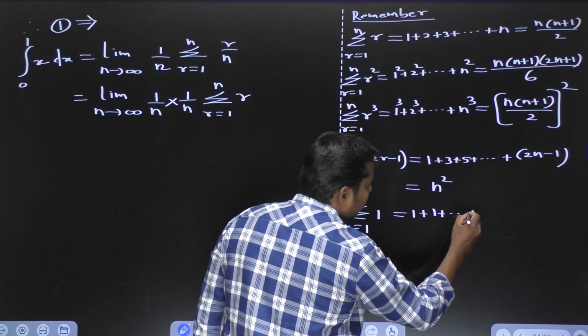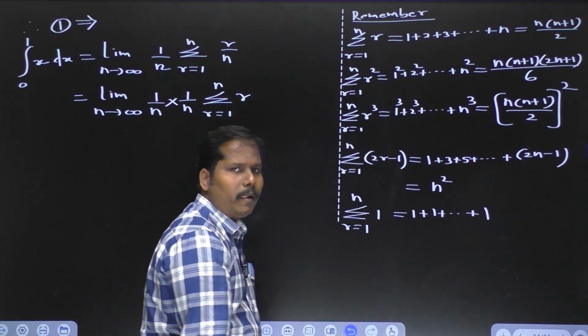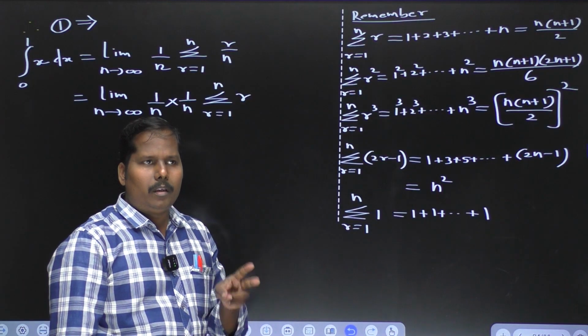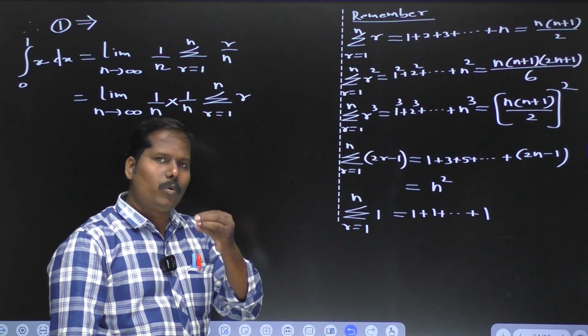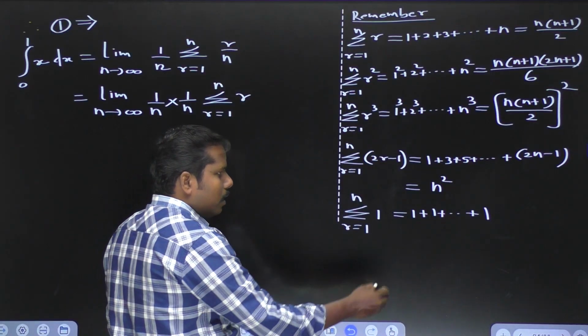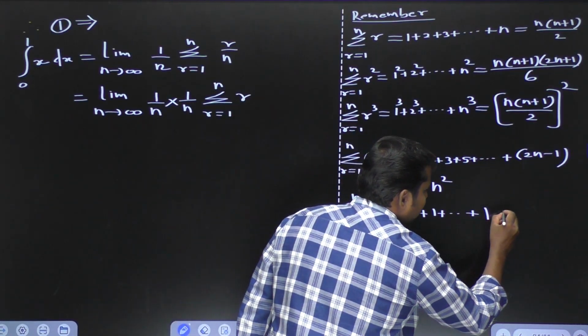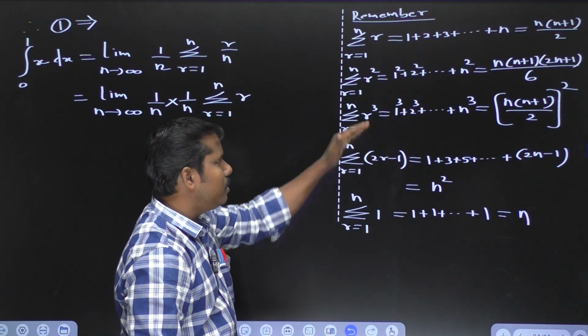Plus etc. When you give r equal to n, again 1. How many ones are there? N ones. If you add 2 ones, you are getting 2. If you add 3 ones, you are getting 3. If you add 4 ones, you are getting 4. Likewise, here how many ones we are getting? N ones. So answer is n. So students, please be thorough with these results.